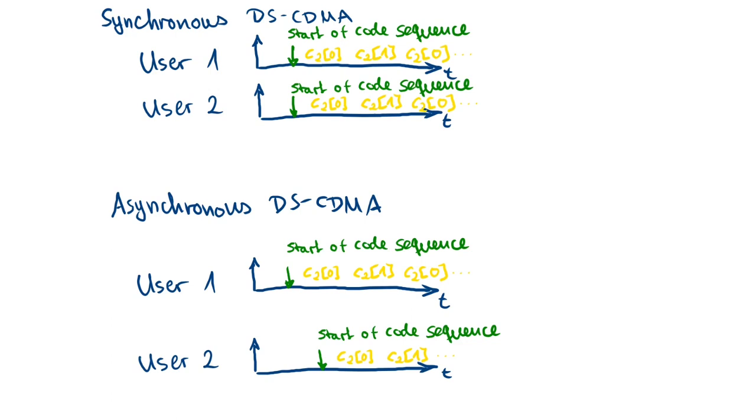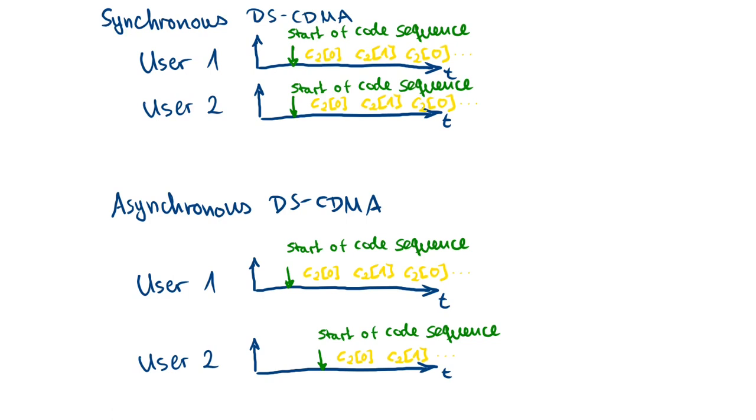In the CDMA system, we have different situations. Here we use the direct sequence CDMA system as an example. The first situation is the synchronous CDMA.